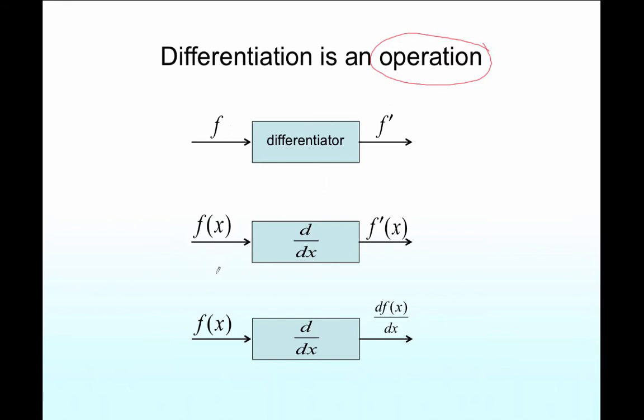Examples. Let's say that you give x squared as the function. Out comes the derivative, which is 2x. Or you give x to the power n, and out comes n times x to the n minus 1. So this machine will act upon this input, whatever it is, f of x, and give you the derivative of that function.